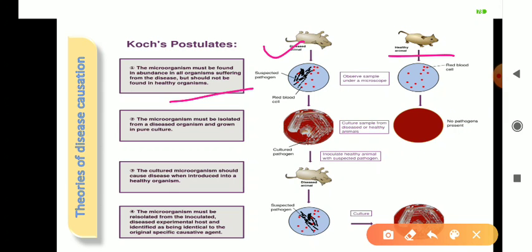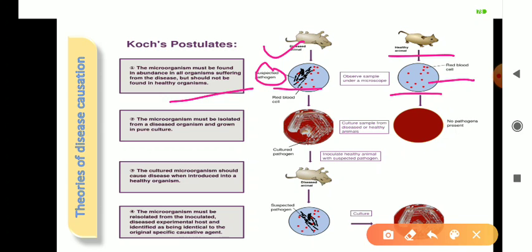A sample, fluid or blood, has been taken and observed under the microscope. Here the red blood cells and some suspected pathogen are seen, and in the healthy animal only the red blood cells are seen.